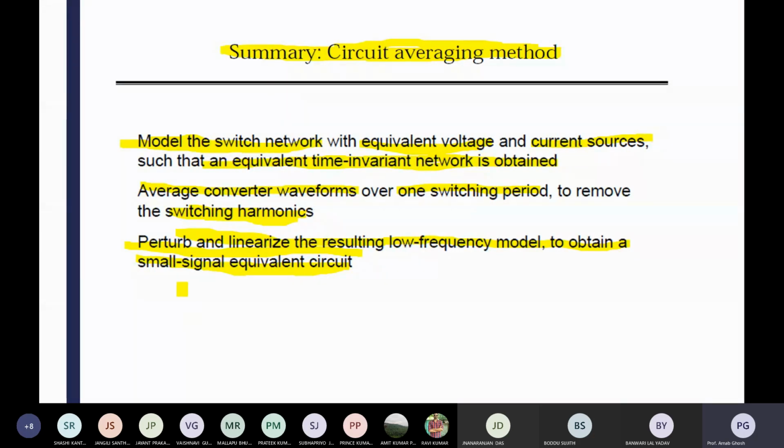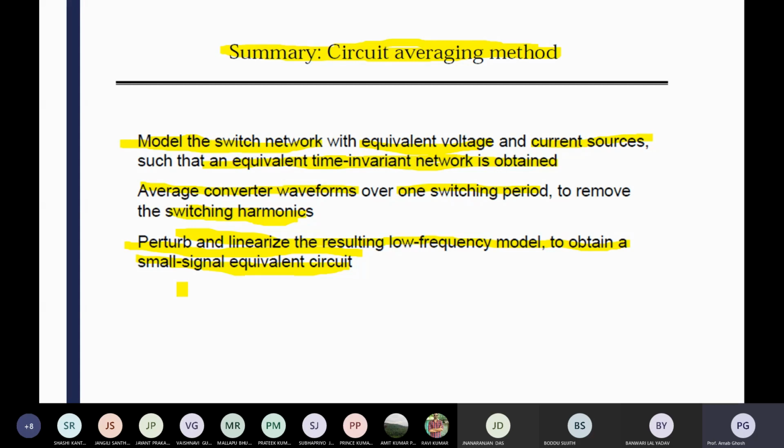So till now we have used different methods of switching converter modeling. I think all of you are able to understand. If you have any confusion, you can ask me any questions, so we can rediscuss some of the portions. Normally I am following the Erickson book, Fundamentals of Power Electronics, you can follow that book.